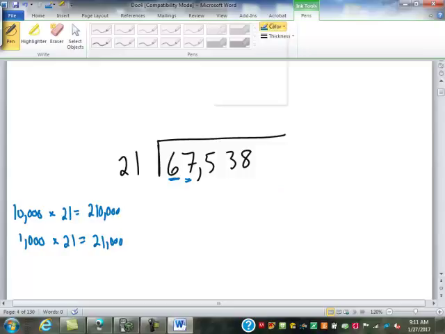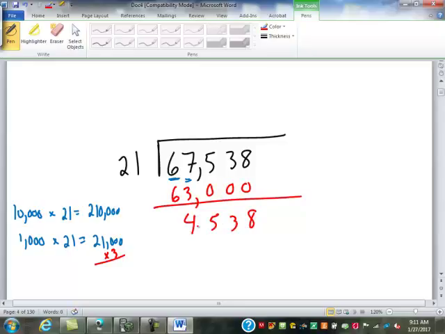Yeah, in fact, I can subtract it three times. It'd be 63,000. So now let's pause for a second and see what we did here. We subtracted 21,000 3 times. 21,000 was a bundle of 1,000 of those 21s.